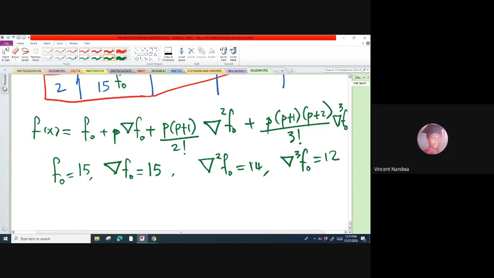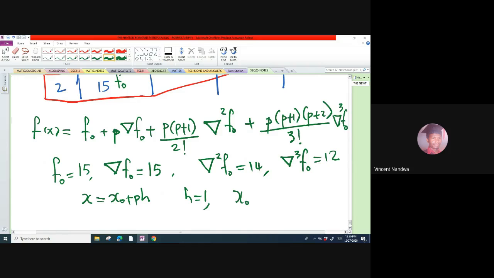Don't forget that the relationship between P and X is X equals X naught plus PH. So you need to have the H. H is the distance between two consecutive X values. From -1 to 0 is 1 unit, 0 to 1 is 1 unit, 1 to 2 is 1 unit. So therefore H is 1.